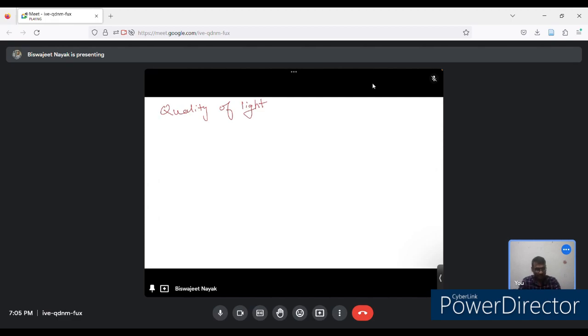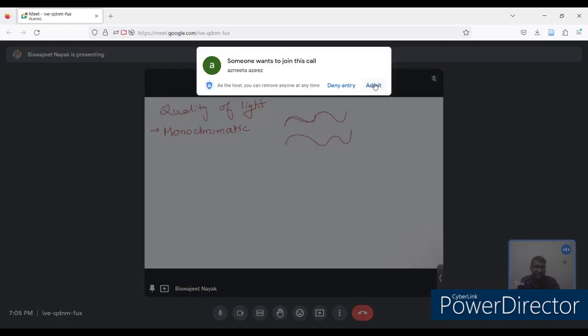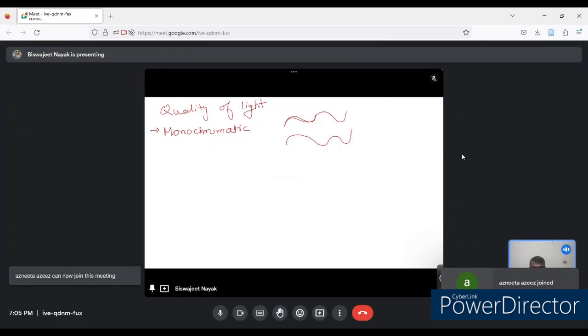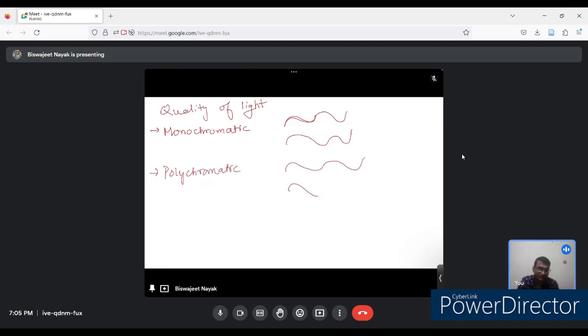Monochromatic light has all waves with the same phase, following the same trend, but in polychromatic light they are random, with any phase and any direction.